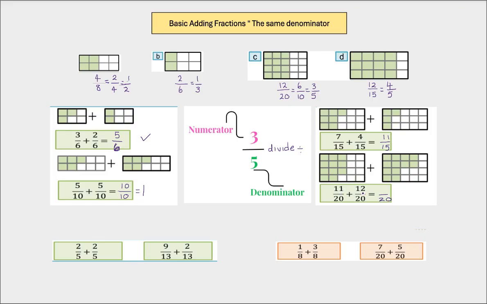And then finally, denominators are both the same in this question, so just put your 20 there. 11 plus 12 is what? 23. The question doesn't ask you to simplify it because it's top heavy. That means the biggest number on the top is weighing down that 20. It shouldn't look like that.